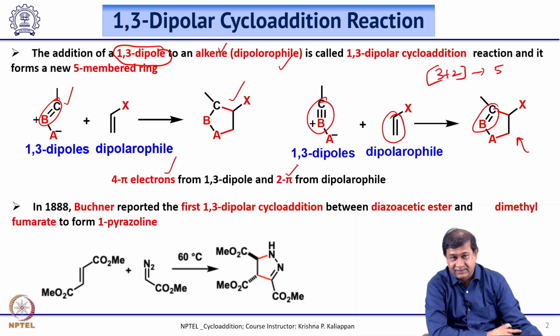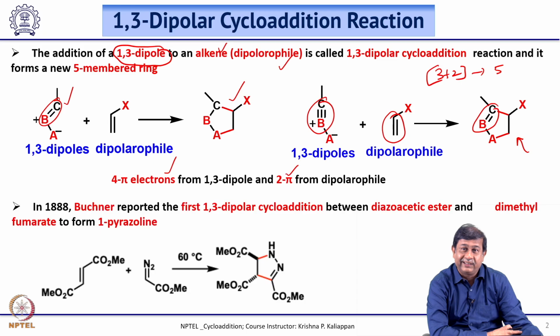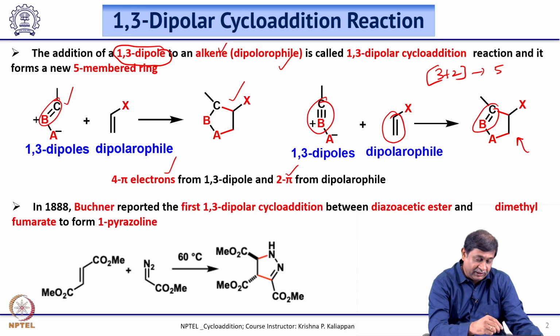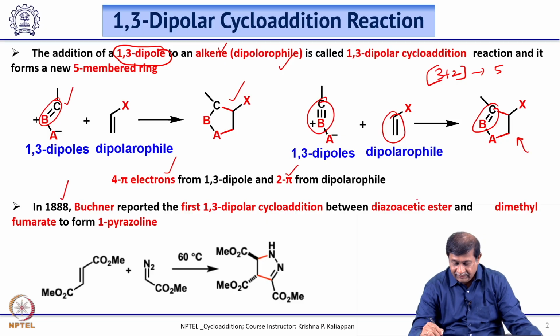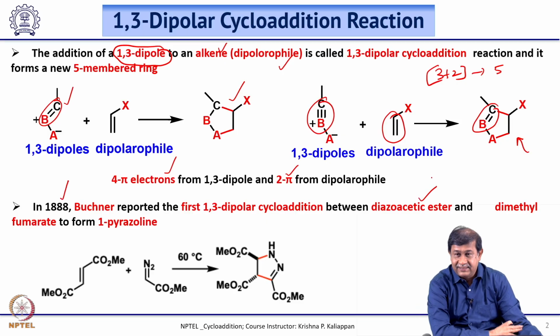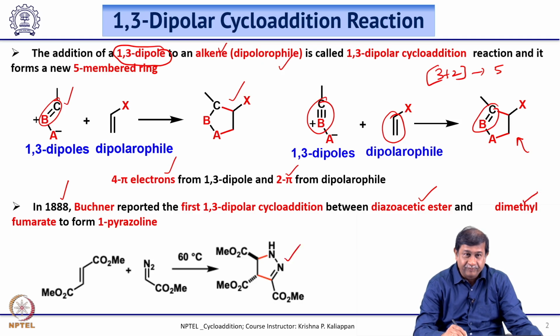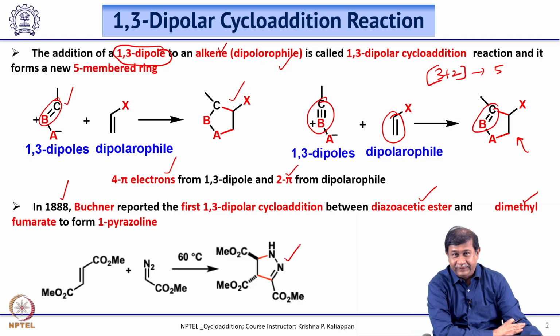pi electrons. If you look at the history of 1,3-dipolar cycloaddition reaction, the very first dipolar cycloaddition reaction was reported by Buchner in 1888. Actually, this reaction was between a diazoacetic ester and dimethyl fumarate to form 1-pyrazoline.